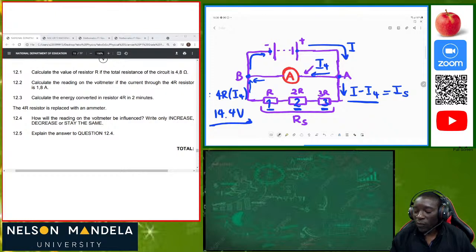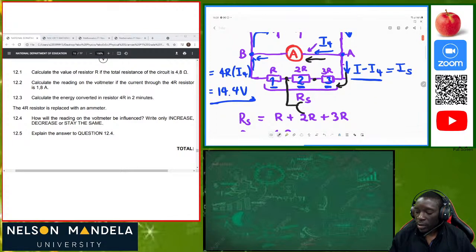So more current will flow through this path as compared to through the other path. So when current decreases there, it is definitely going to decrease what the voltmeter across the 2R resistor measures. So we have a voltmeter there.